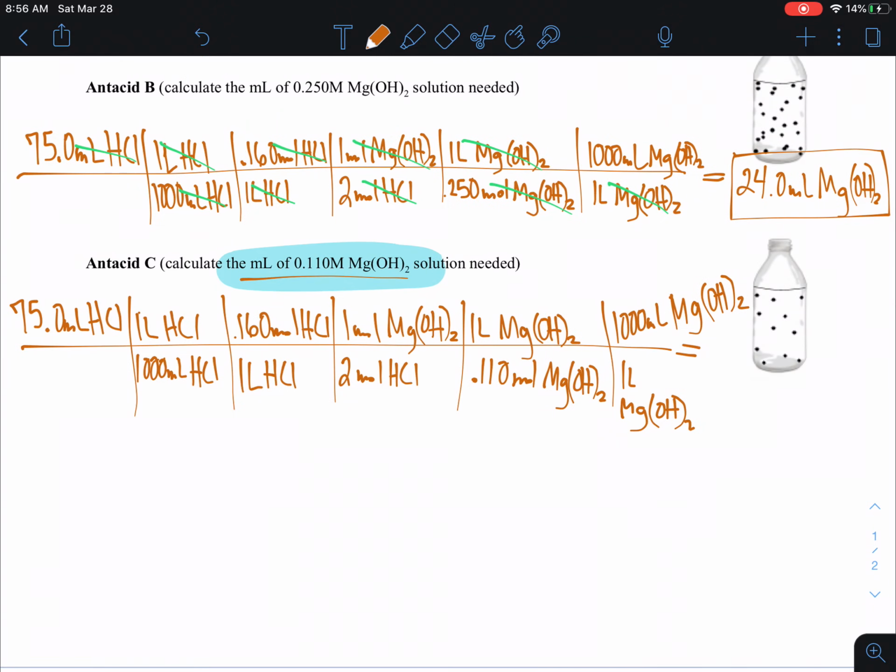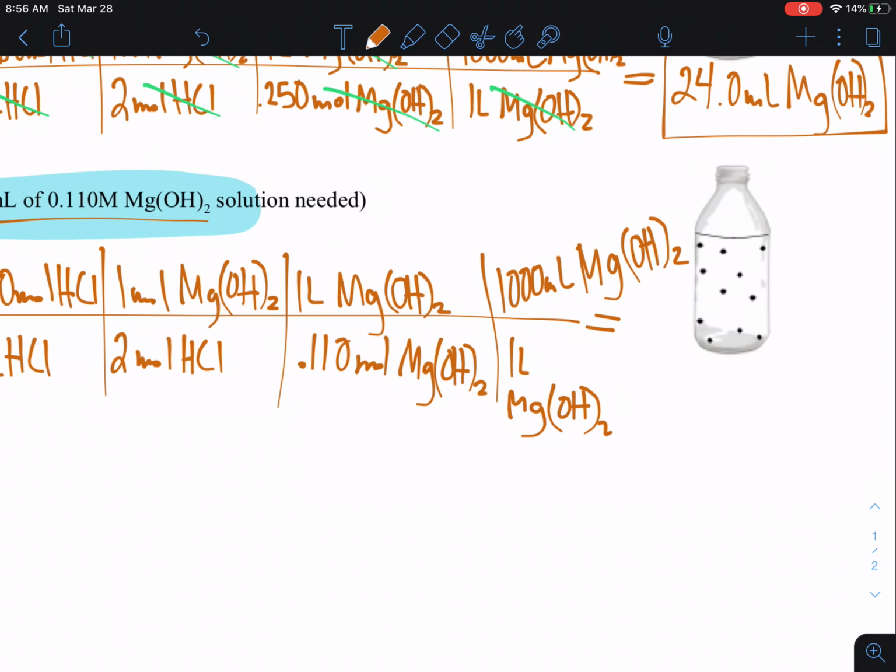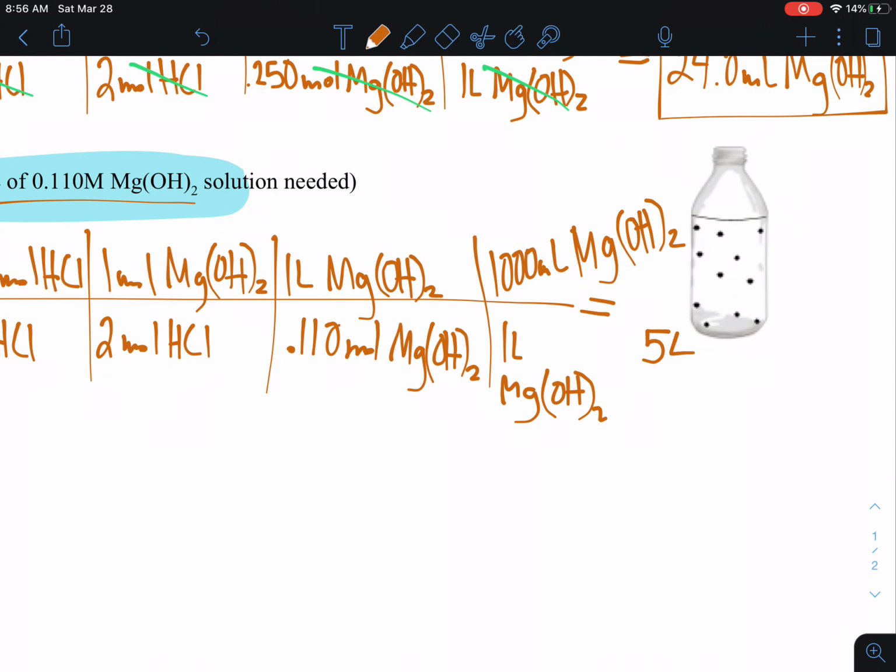And when we do that math, we end up with 54.5 milliliters of magnesium hydroxide.